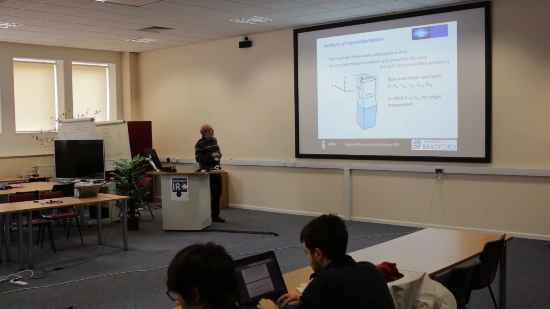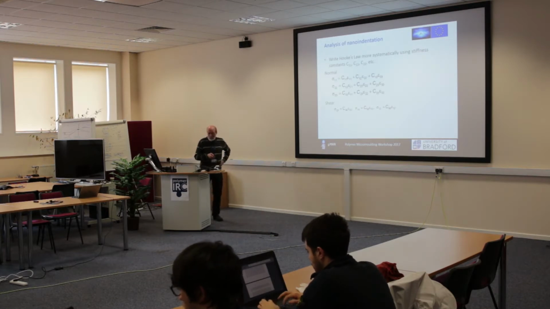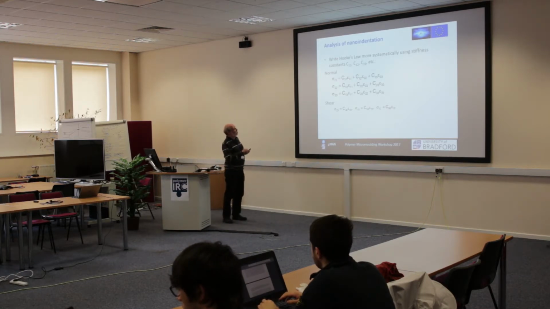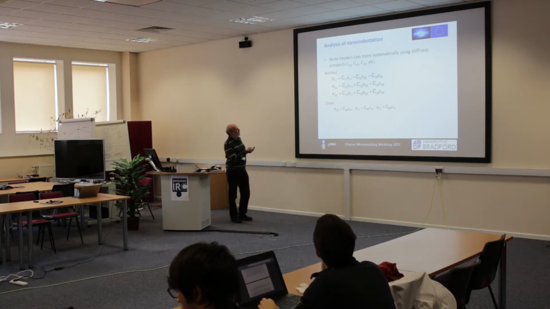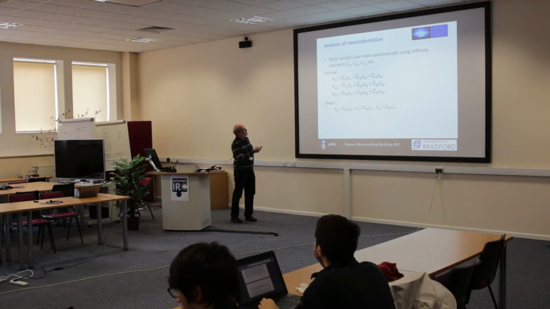Having done that, sorry about this, don't worry about it, but when we're dealing with anisotropic materials, we tend to forget about the Poisson's ratios and use a more systematic form of Hooke's law. So these are the stresses, sigmas are the stresses, epsilons are the strains, and we've got the stiffness constant C11.